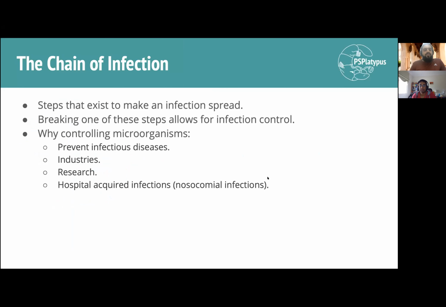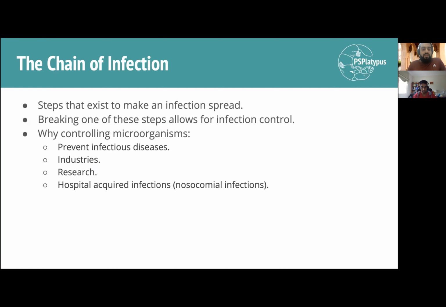There's something called the chain of infection, which is like steps that exist to make an infection spread. By knowing how the infection spreads, we can actually prevent the infection from happening. And this is very important to control the microorganisms from spreading.